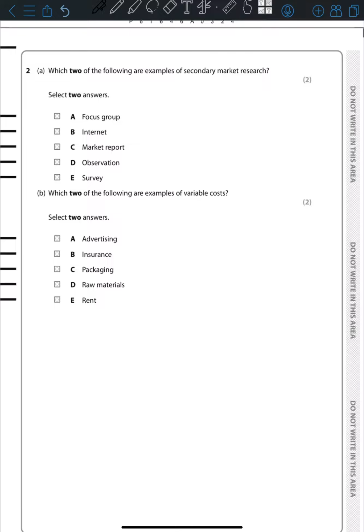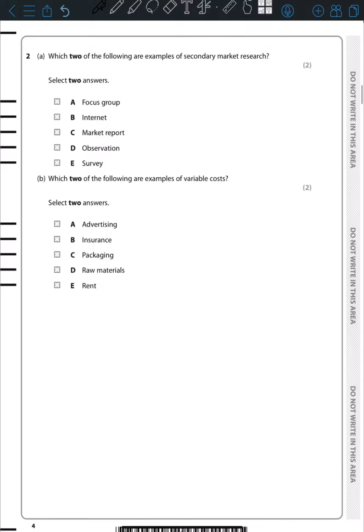Secondary market research means we are doing market research from data that already exists. Primary market research is doing the research for the first time, and secondary means someone has already done something, we have data on it, and we are building upon it. So focus group seems like primary market research because it is starting from scratch.